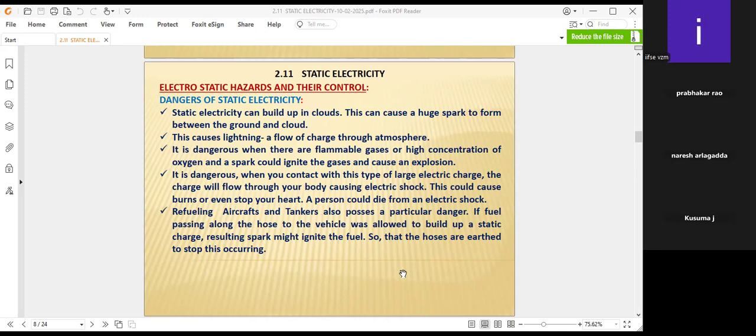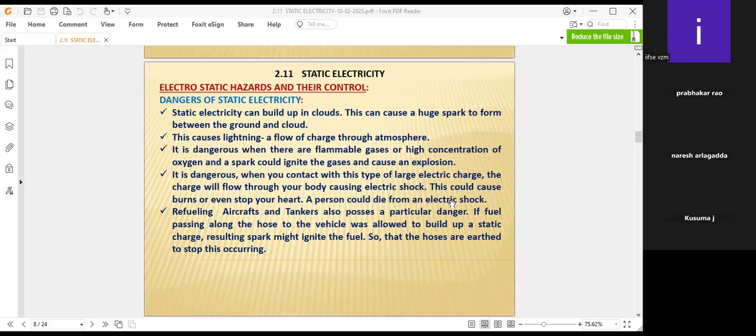If you are not wearing chappals or anti-static, electrostatic materials in the organization, your body becomes the first path, causing electric shock before the charge reaches the earth. This could cause burns or stop your heart. A person could die from the electric shock.